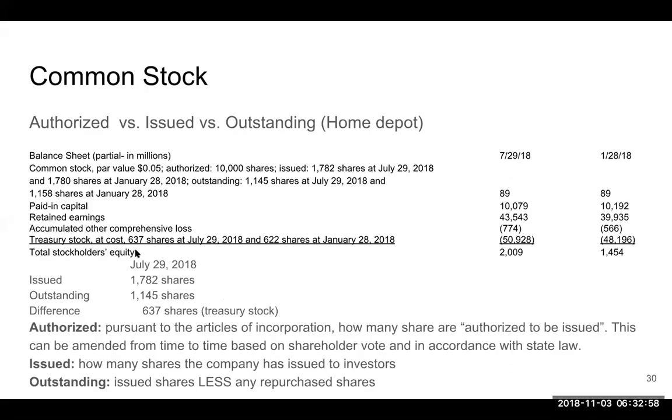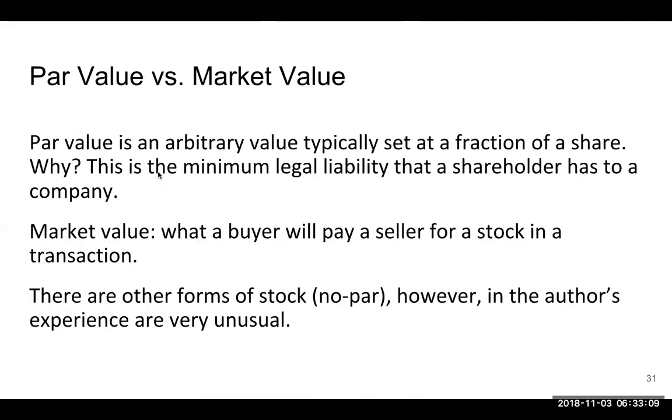Okay, so if we look here, we see what we call a par value. And you see this here is about 5 cents, which to me is a little bit high. But what is par value? It's an arbitrary value typically set at a fraction of a share price. And this is the minimum legal liability that a shareholder has to a company.